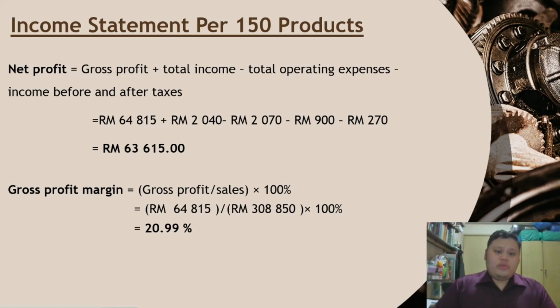The gross profit margin is equal to gross profit divided by sales times 100%. The result is 20.99%, still the same as the profit margin for one product. So this is shown as a healthy accountability for the profit.